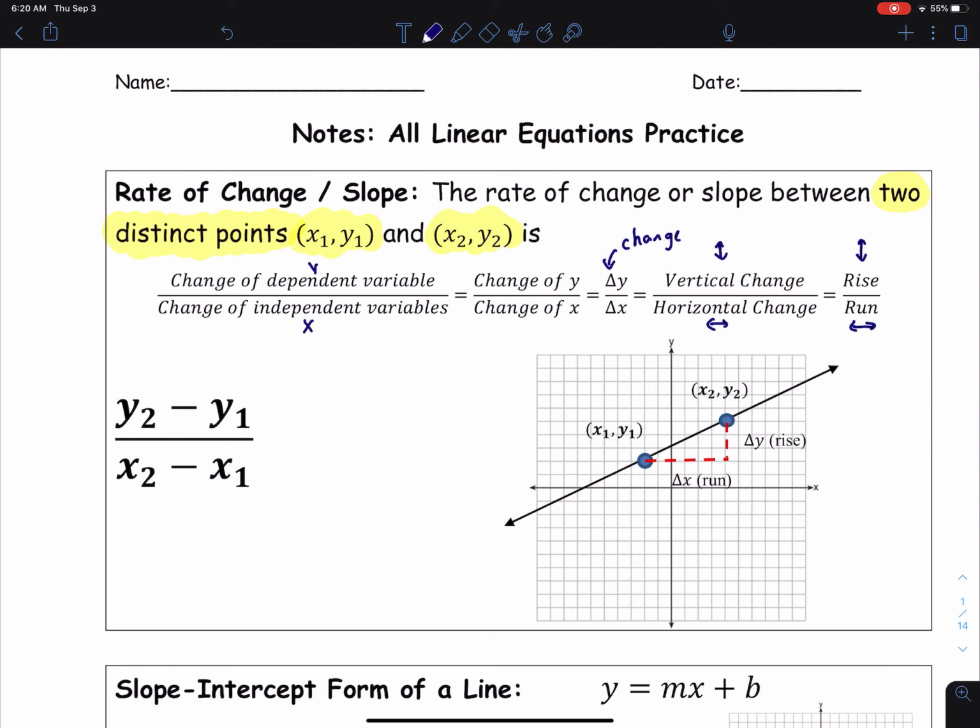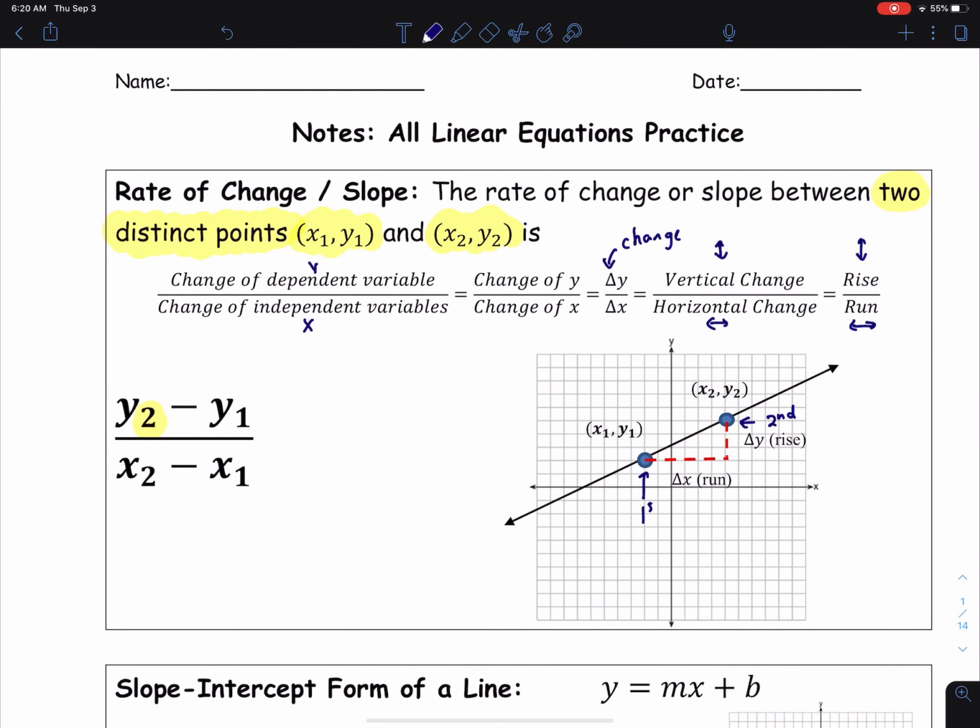So what does y2 mean? Well, that little subscript, that little number in the bottom right, tells you the location. So y2 is coming from the second point. I labeled this point to be the second point, and this point to be the first point.